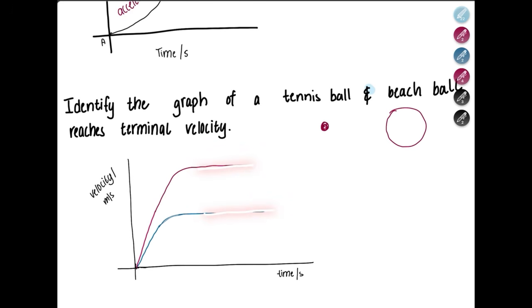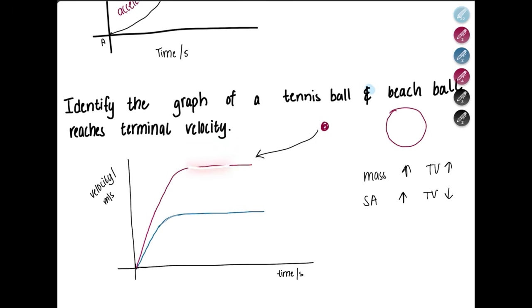The downward force of the weight is balanced with the upward force of the air resistance or drag. It depends on two things. A, it depends on the mass of the object. If there is more mass, there is going to be more terminal velocity. It also depends on surface area. If surface area is higher, terminal velocity will be lower. So you can see we have a tennis ball. It is small and dense, so this would be the graph.